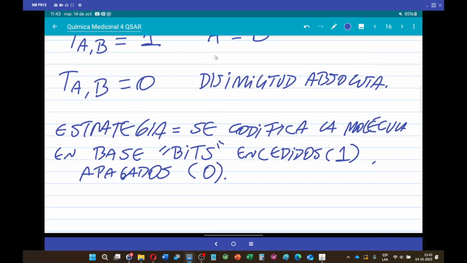Turned on is equivalent to a 1, turned off is equivalent to a 0. The two most common ways to calculate are to transform the molecule into 1024 bits, or into 2048 bits.